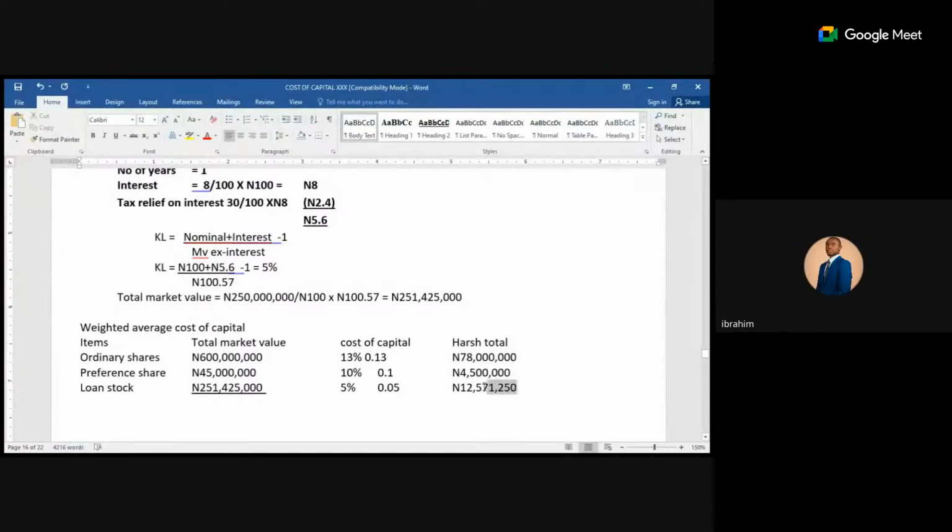So what is the total? Total market value is 896 million, 425,000.